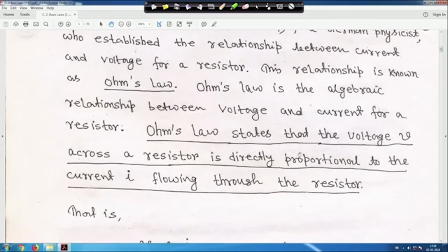Ohm's law states that the voltage V across a resistor is directly proportional to the current I flowing through the resistor. If a current I flows through a resistor and the voltage across it is V, then V is proportional to I. That is V equals R I, where the constant of proportionality R is called resistance.